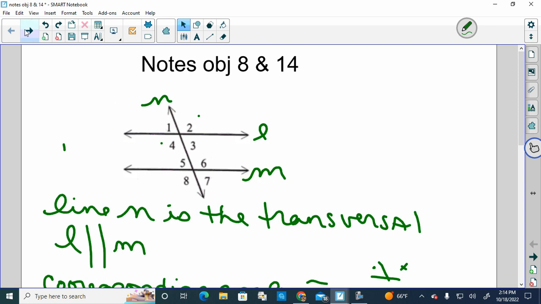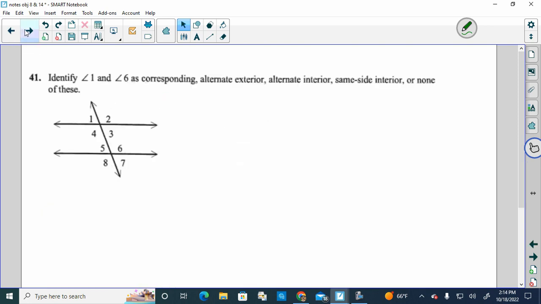Okay, so here's our first problem that we're writing out. Remember, you don't get the points if you don't write the whole thing out, because you won't understand what the problem was. Okay, so number 41 says identify angle 1 and angle 6 as corresponding, alternate exterior, alternate interior, same side interior, or none of these. So you're writing this out, draw a small sketch. You don't need a big sketch.